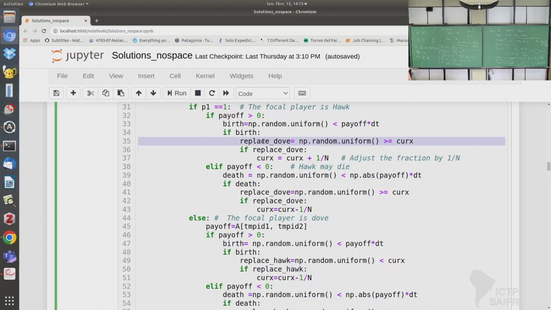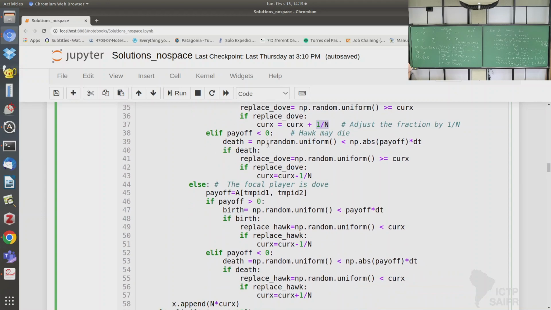Now, you draw player 3, okay, with the same probability as before. And if player 3 is a dove, in fact, here you're drawing the probability that the replacement is a dove already, okay? And if player 3 is a dove, then x becomes x plus 1 over n, like that.